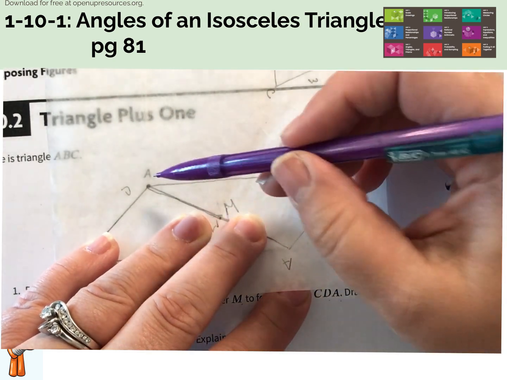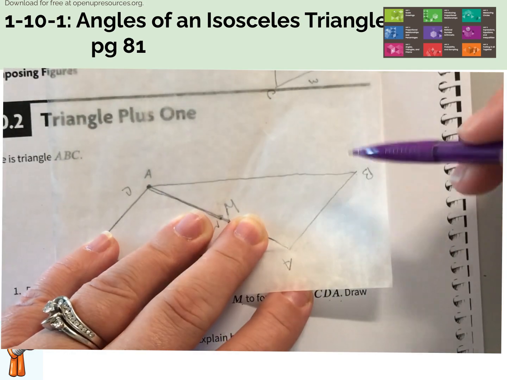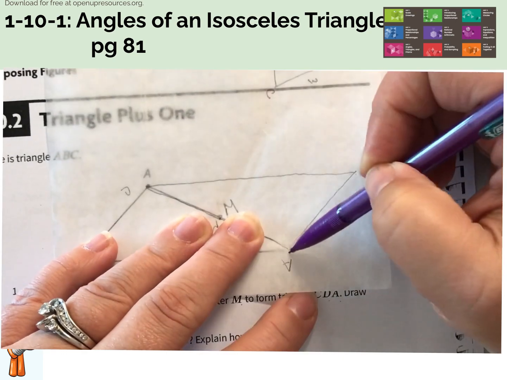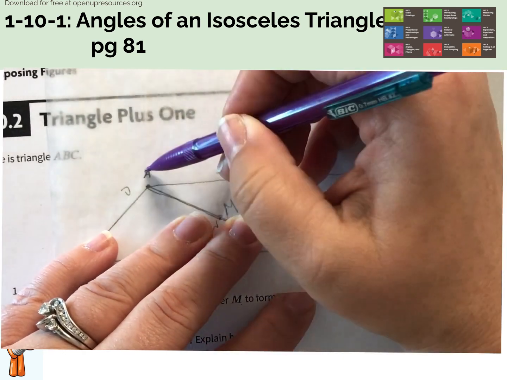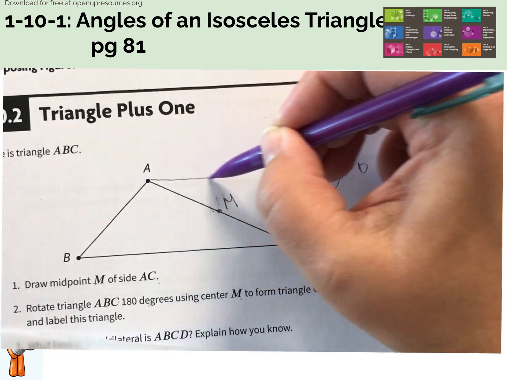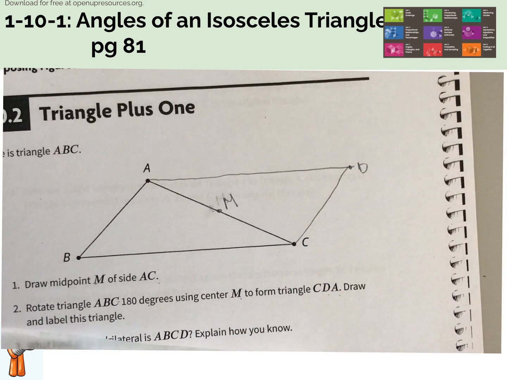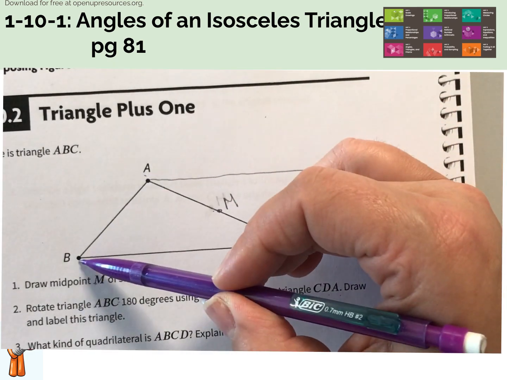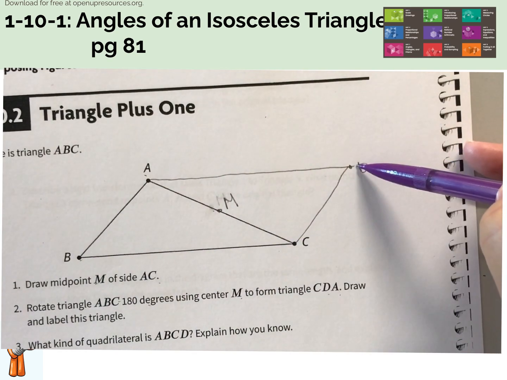So C, they want this one as D and A. So C, D, A. Okay. What kind of quadrilateral is A, B, C, and D?